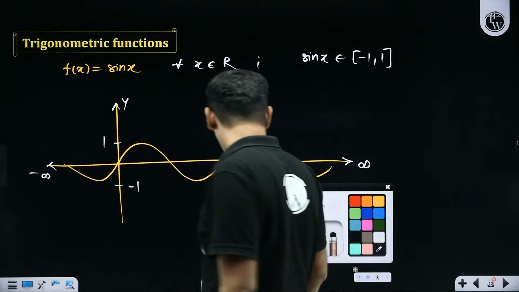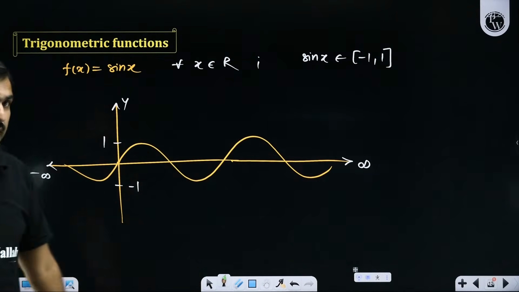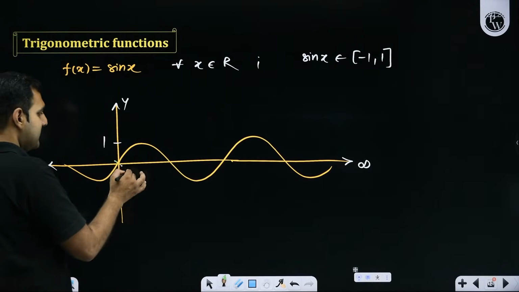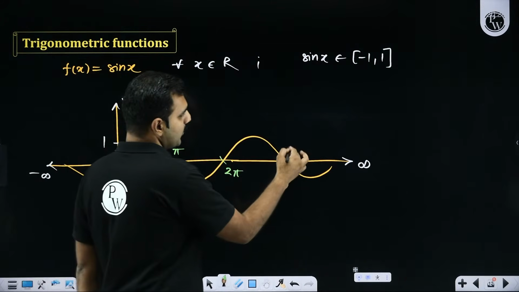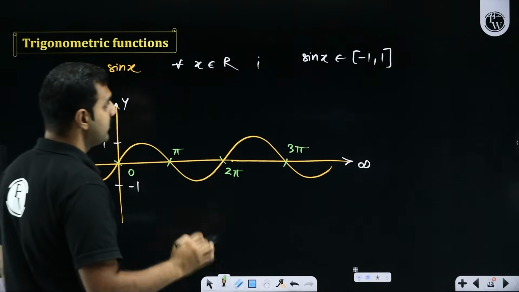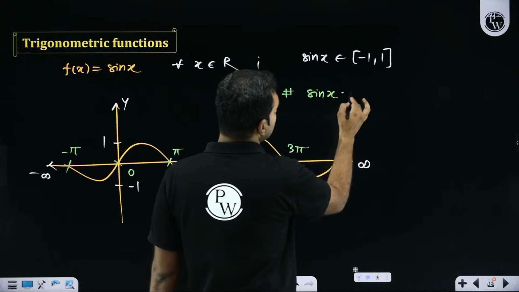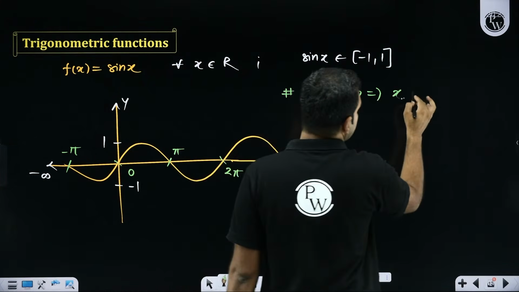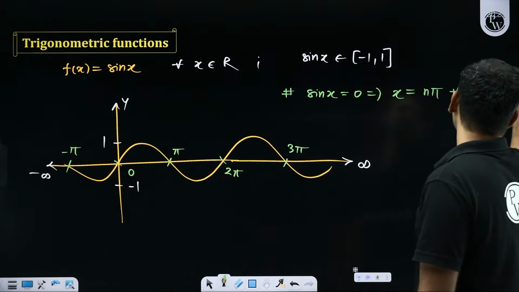A few more really crucial and important observations you should make. Sine is 0 at 0, 0 at pi, 0 at 2 pi, 0 at 3 pi, 0 at -pi, and so on. So whenever somebody asks you, if sin x is 0, you generalize that x will be n pi, where n is an integer.